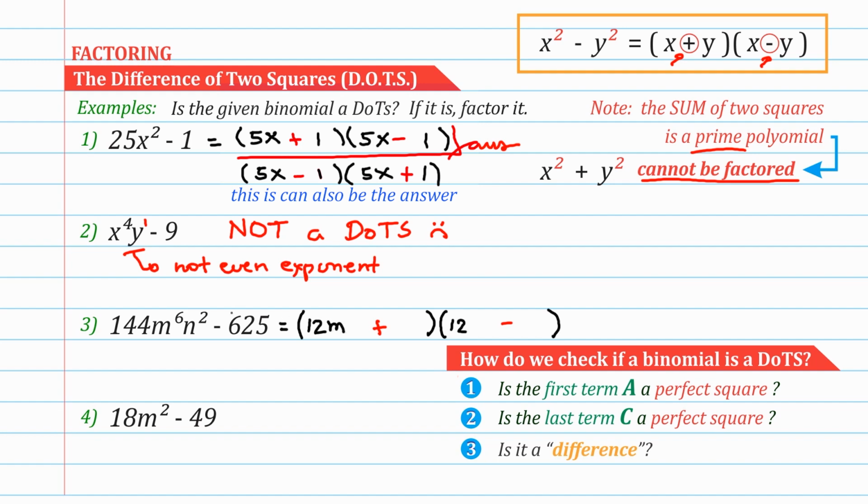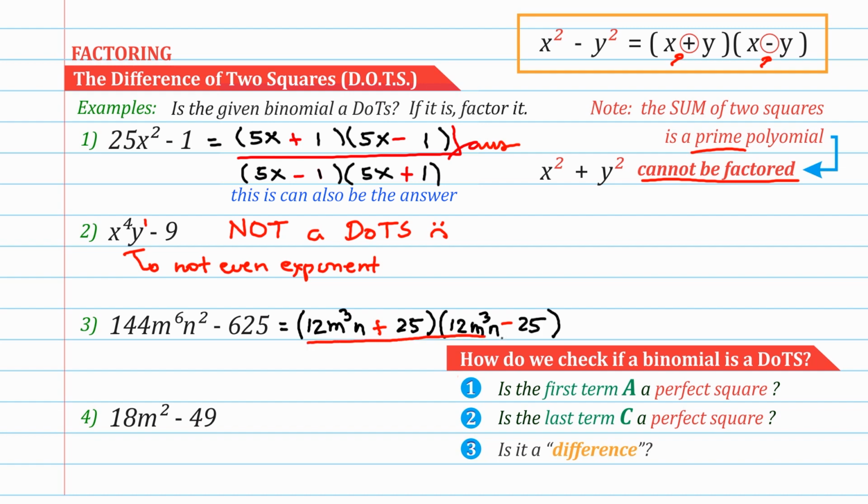It's m to the, anong square root ng m to the 6? 6 divided by 2 is 3. Copy, m cubed. And then, square root of n squared is n. Copy, n. Finally, square root of the last term here, 625, is 25. Copy, 25. There you go.